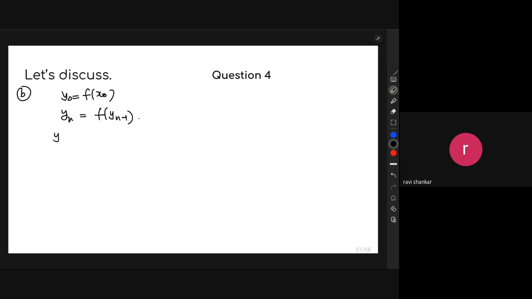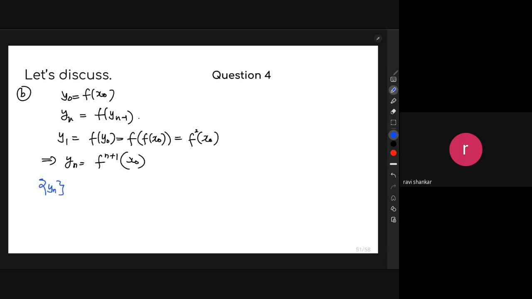So in other words, y1 will be f on y naught, which will be f of f of x naught, which is f square on x naught, correct? So this implies that yn will be f to the power n plus 1 of x naught.